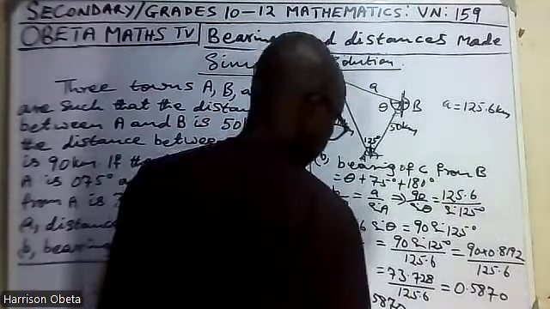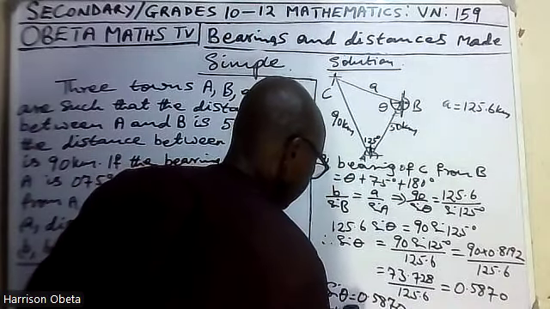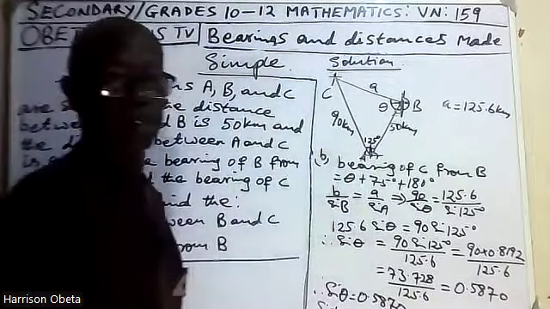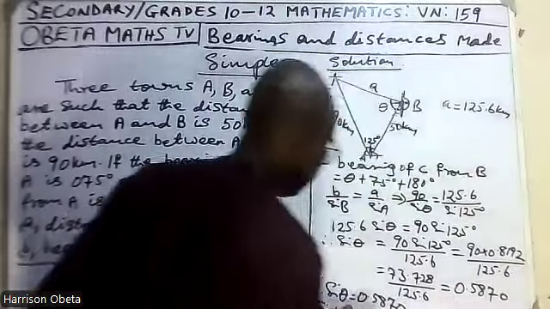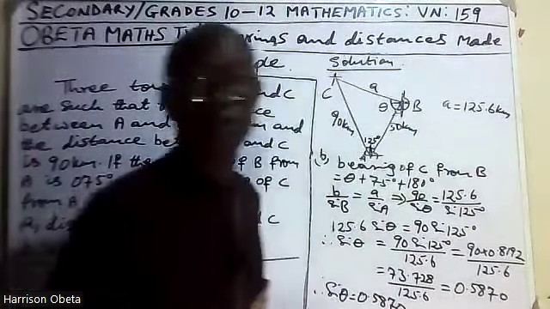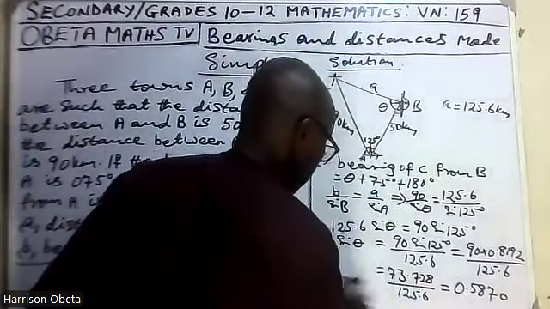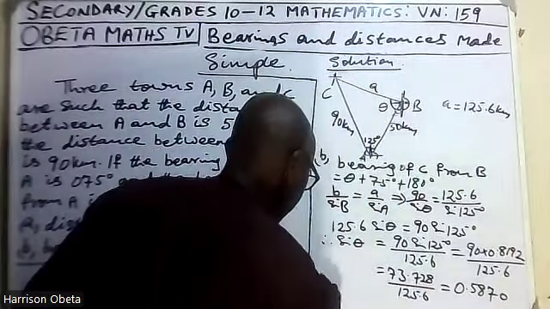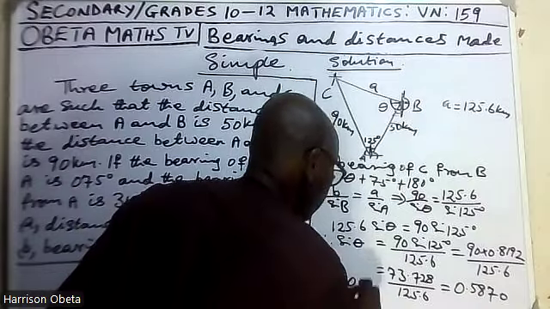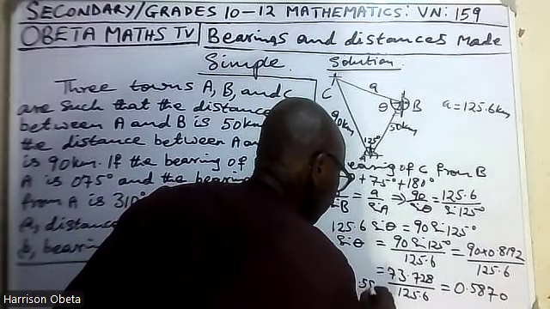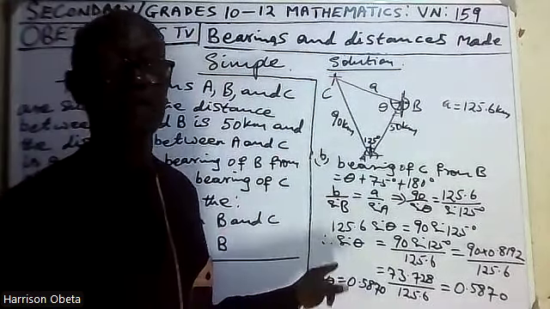Let me go up. Let me also clean this. We said that sine theta is equal to 0.5870. That is this.